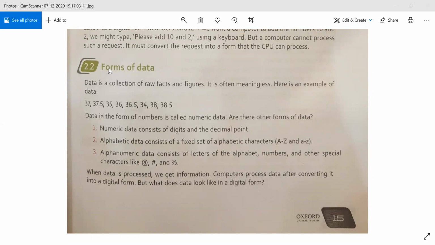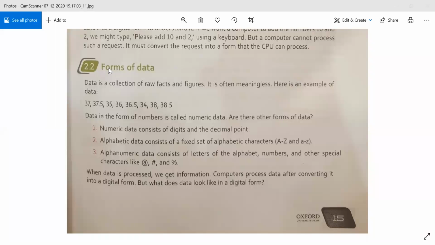Then we have alphabetic data. Alphabetic data consists basically of alphabets, our English alphabets from A to Z, as given on your keyboard. It can be capital as well as small letters.